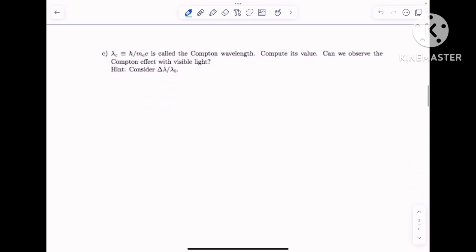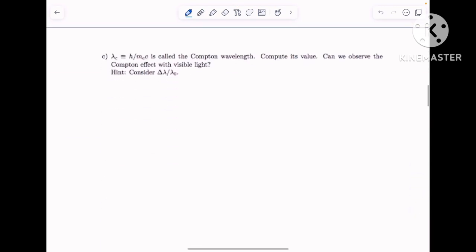For the next one, we observe the Compton effect with visible light, so we need to calculate this first, with the scattered angle of 180 degrees. h equals 6.626 times 10 to the power of minus 34 joule-seconds. And the mass of the electron equals 9.109 times 10 to the power of minus 31 kilograms.